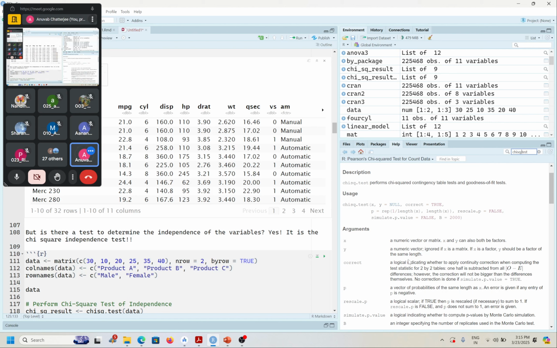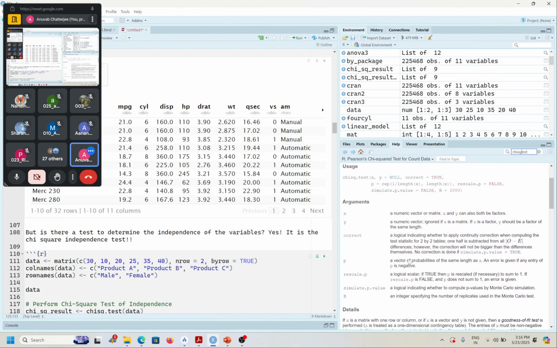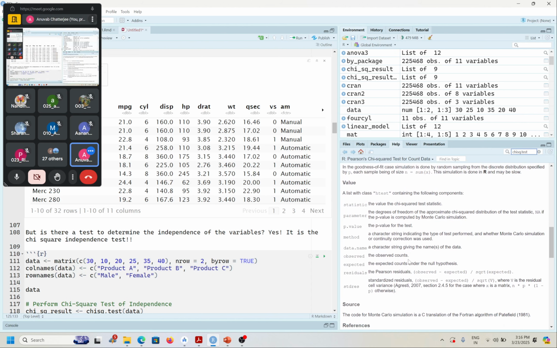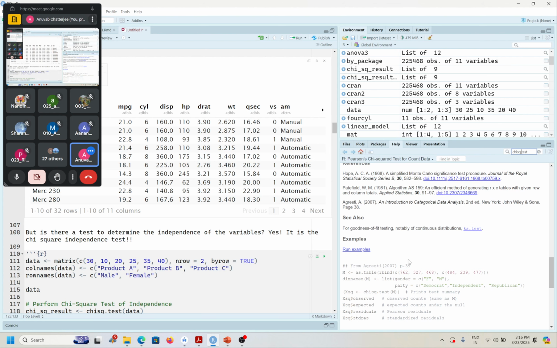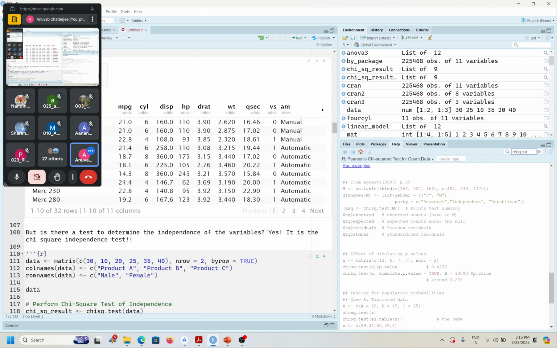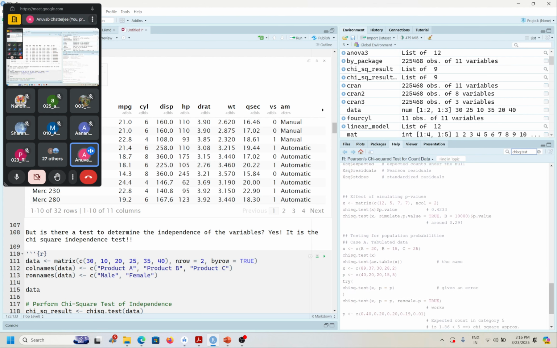And from there you can figure out how exactly to run the code to ask the question that you're asking. There are examples as well on how you can run it.